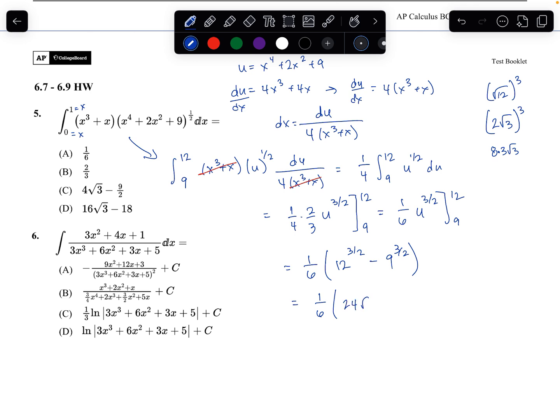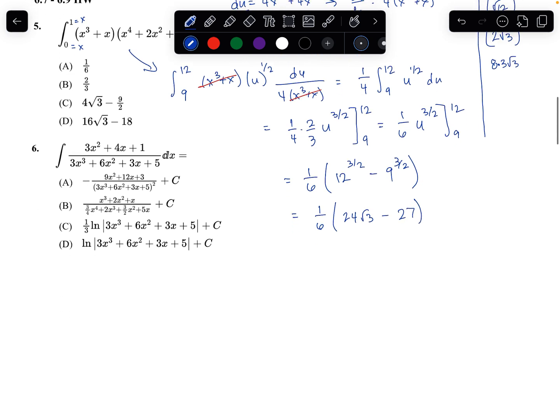Okay, and so this is going to be 24 root 3, and then minus, as for 9, the square root of 9 is 3 to the 3rd, and that's going to be 27. Okay, this is the worst part about antiderivatives, honestly, whenever you get nasty algebra expressions. So 24, we can divide that by 6.